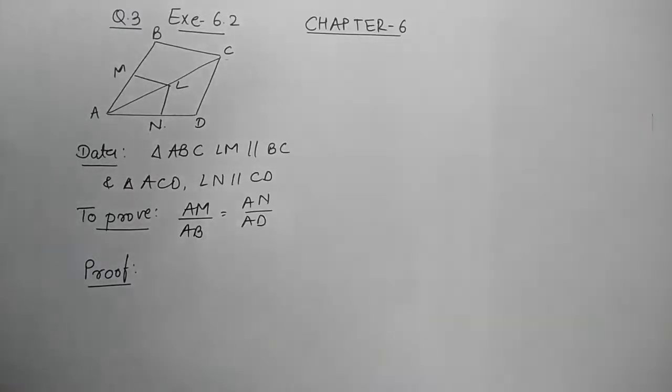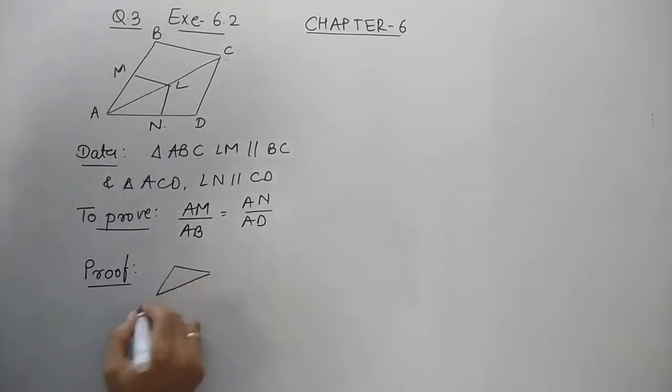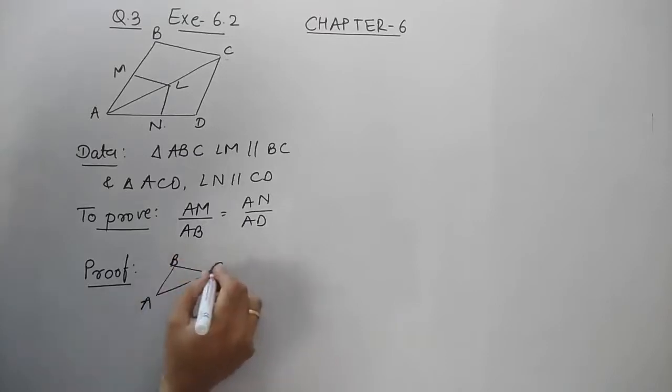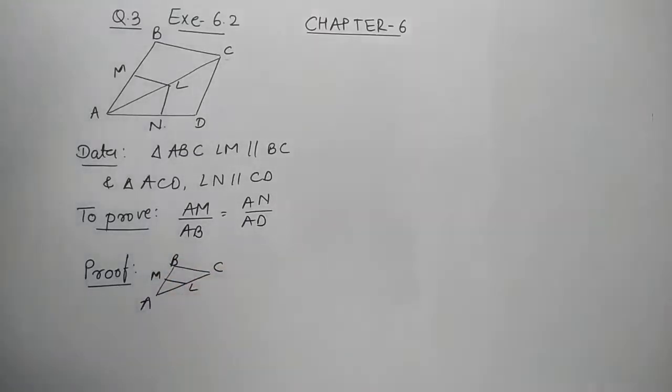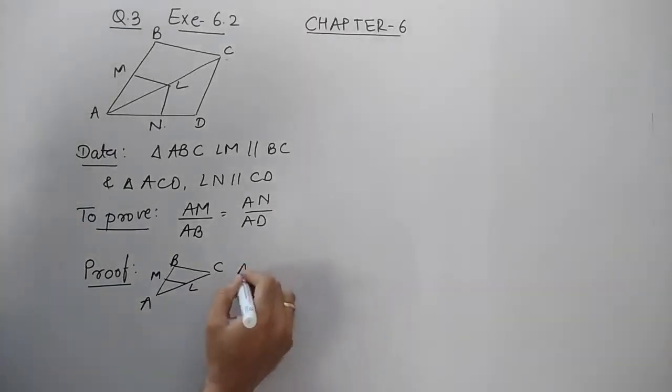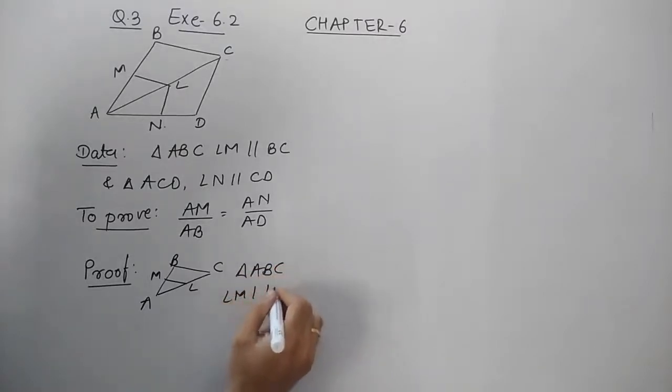If I take this triangle only, that is triangle ABC, which you can see from the diagram, it's only triangle ABC I am talking about. They have given LM is parallel to BC for triangle ABC. So in triangle ABC, this side is parallel to the third side.